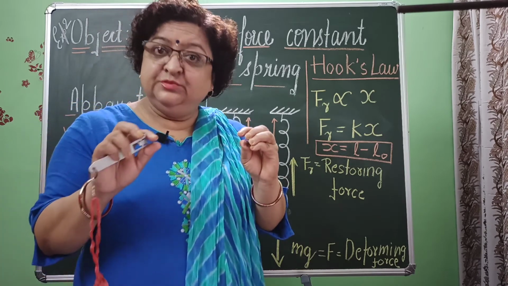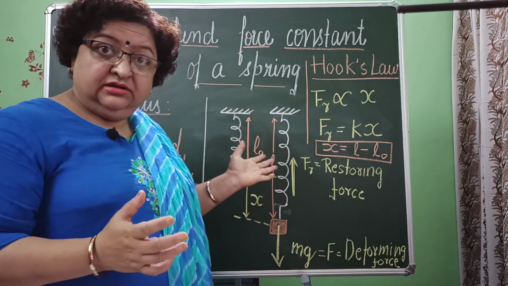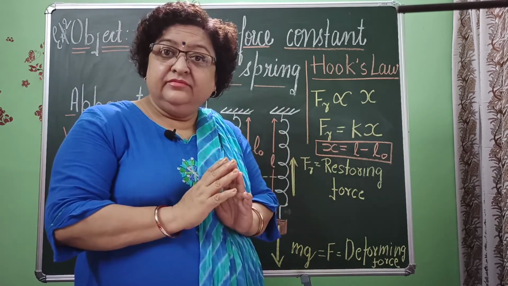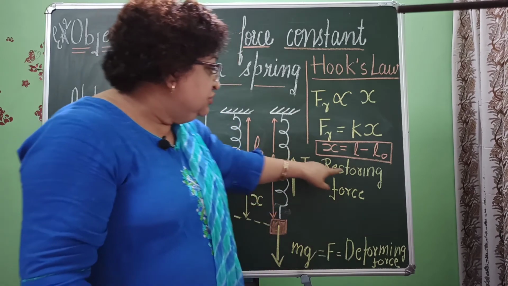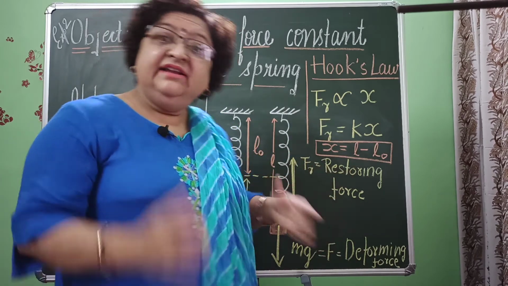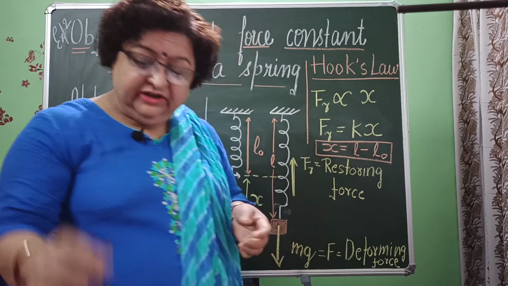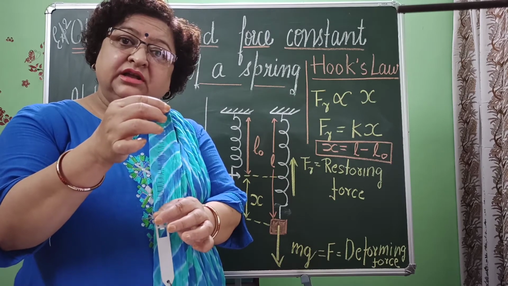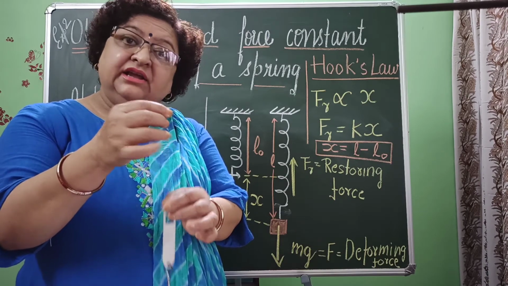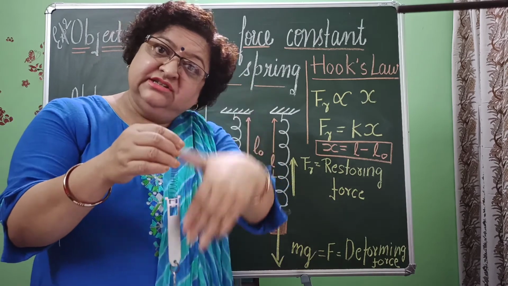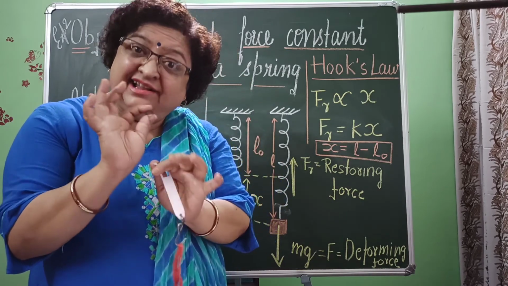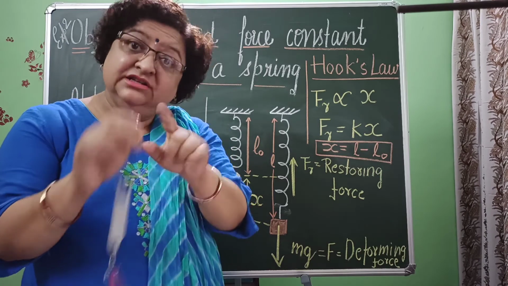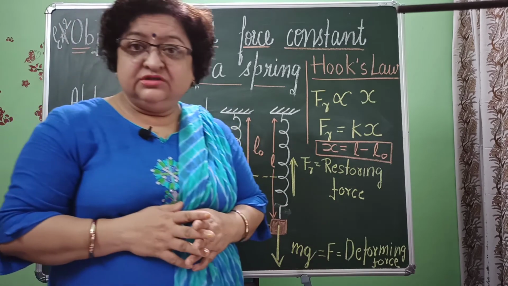When you deform the spring, there is a strange kind of force appearing in the spring. That is called restoring force. Why restoring force? Because when you pull the spring, this force is appearing just opposite to the force exerted by you, and its tendency is that a spring should restore its original length. That is why it is called restoring force.